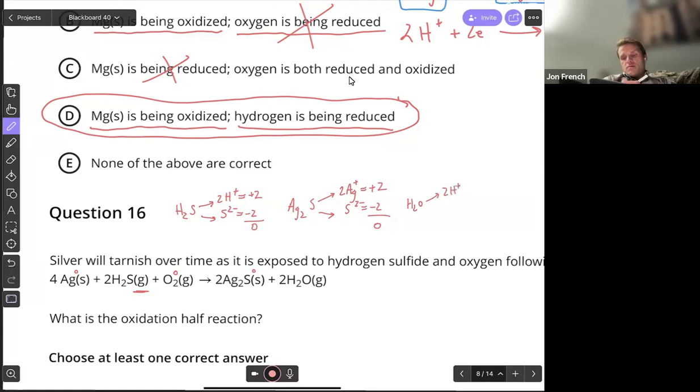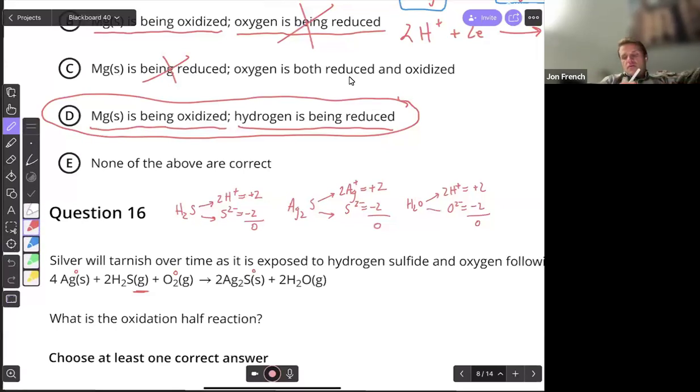Two hydrogens at +1 each, oxygen's -2, the whole thing is neutral. So again, hydrogen does not change, but what changes is our silver. Our silver goes from 0 to +1. Oxygen goes from 0 to -2 in the water.